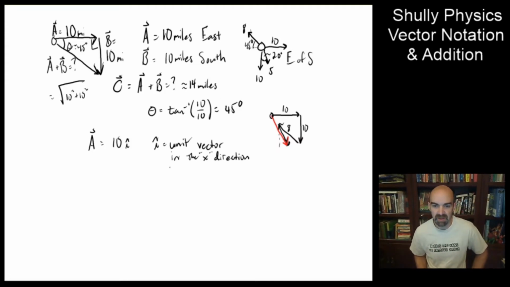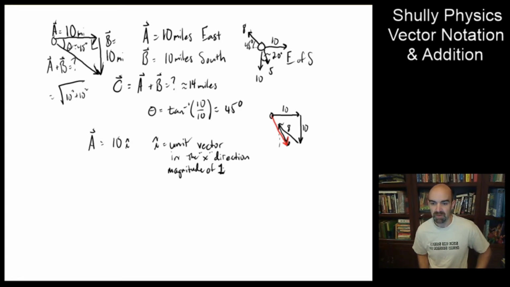It has a magnitude of 1. It is a vector, okay? We're not writing the same vector notation here. We're using a different piece of vector notation called the hat. It indicates this is a unit vector, a magnitude of 1.